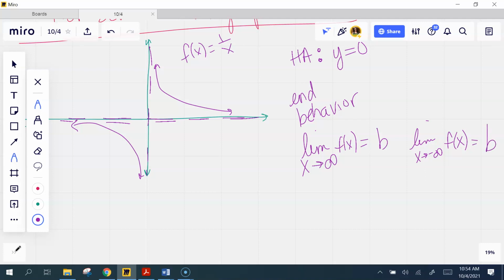If the limit is, as I go to infinity, as far right as I can go, I'm getting closer and closer to a number instead of infinity or negative infinity, that means I have a horizontal asymptote at that point. So here, if I wanted to define this as the horizontal asymptote, well, the limit as x goes to, this is the definition, by the way.